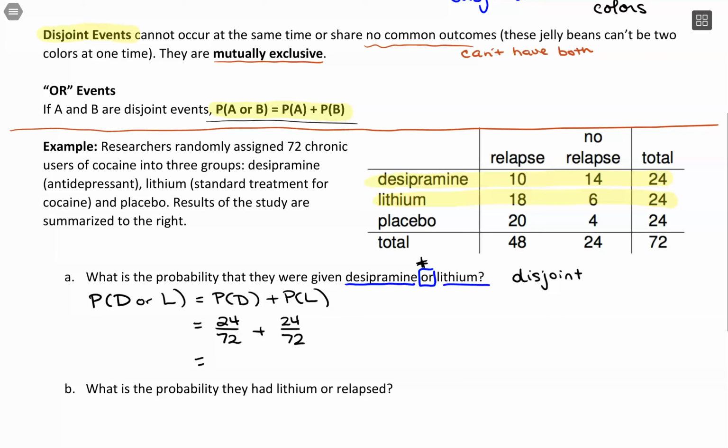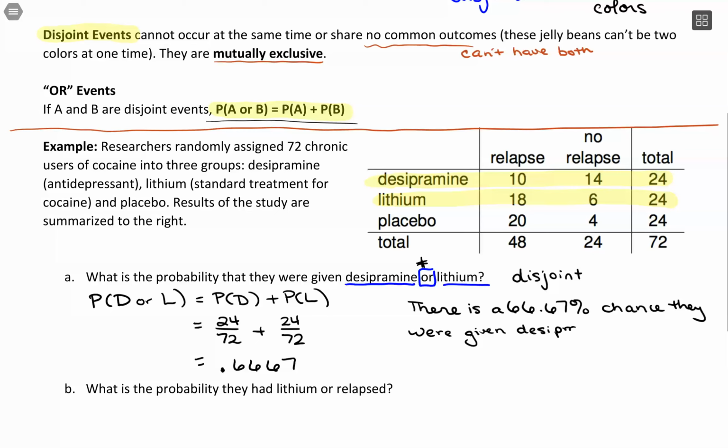You don't need to show any simplification in terms of fractions, just plug this into a calculator and get a decimal out. So we would say there is a 66.67% chance they were given desipramine or lithium.